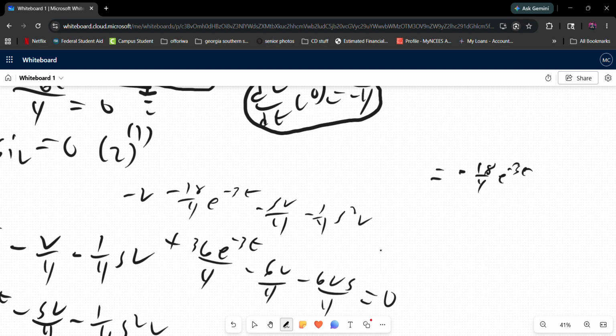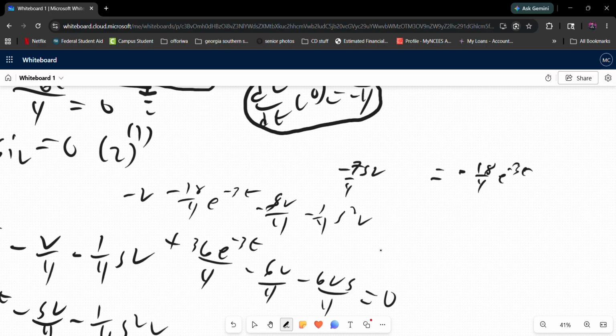Now we have an SV and a 6 SV, that becomes a 7 SV. So we have a minus 7 SV on this side. Oh, sorry, that's over 4, minus 7/4. I was just looking at the numerator when I was adding.